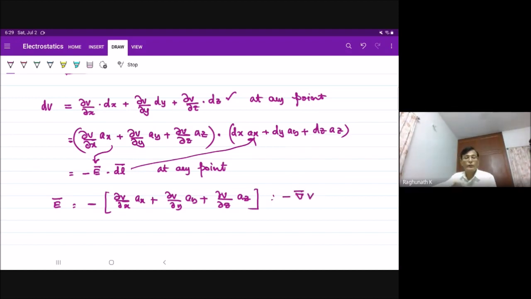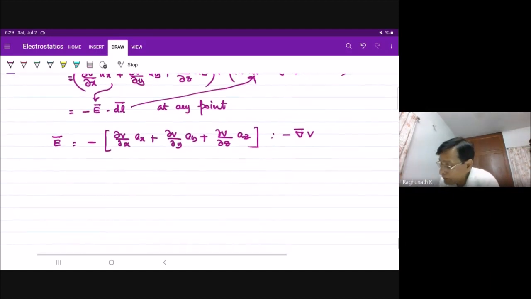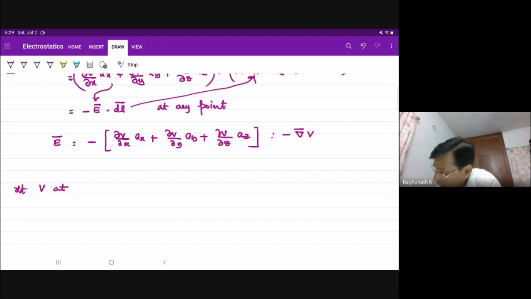Just for the sake of talking about it, let V at any point be x y squared z cubed, just for the sake of talking about it. Let V at any point be x y squared z cubed volts, because it should depend ultimately on the coordinates of the point.